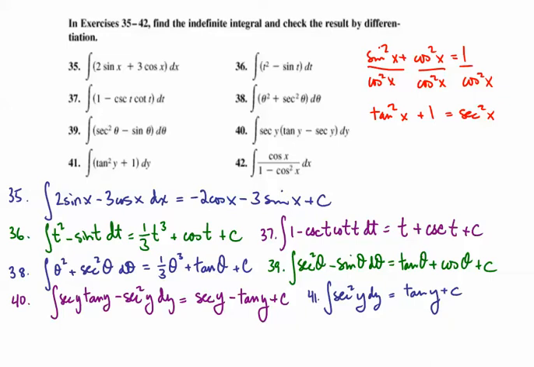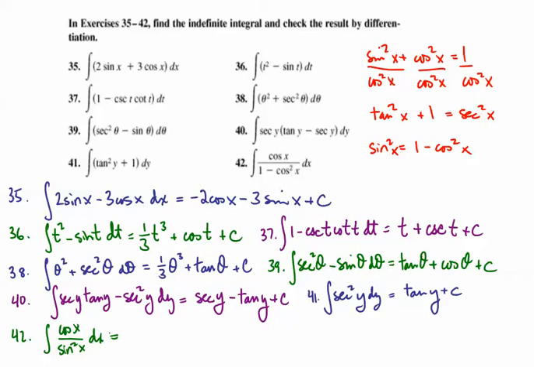And for the final one, number 42, by looking at the denominator, that's 1 minus cosine squared, which is sine squared, from the Pythagorean identity, simply subtracting cosine squared of x from both sides. So 1 minus cosine squared is sine squared. And so we would have the integral of cosine of x over sine squared of x dx.